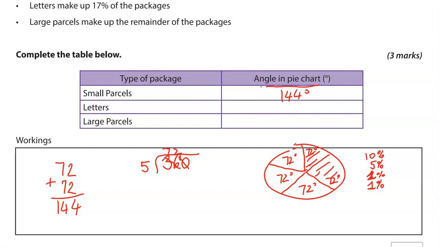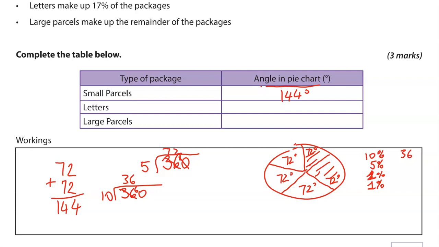So 10% of 360. So 360 divided by 10. How many 10s into 36? That is 3 of them. And we've got 6 remaining. How many 10s into 60? That is 6 of them. So 10% is 36 degrees. 5% is half of that.